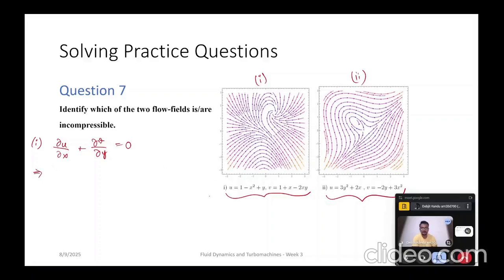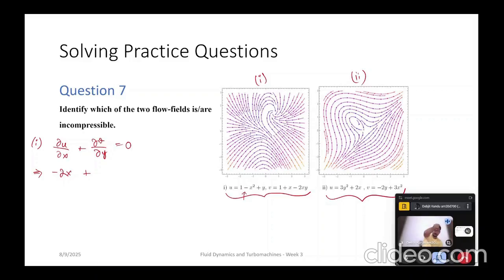So u is 1 minus x squared plus y, so the x derivative of it would be minus 2x, plus dou v dou y.